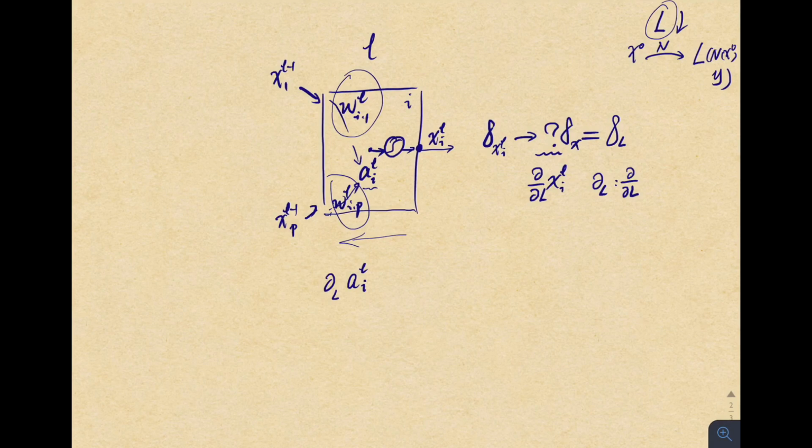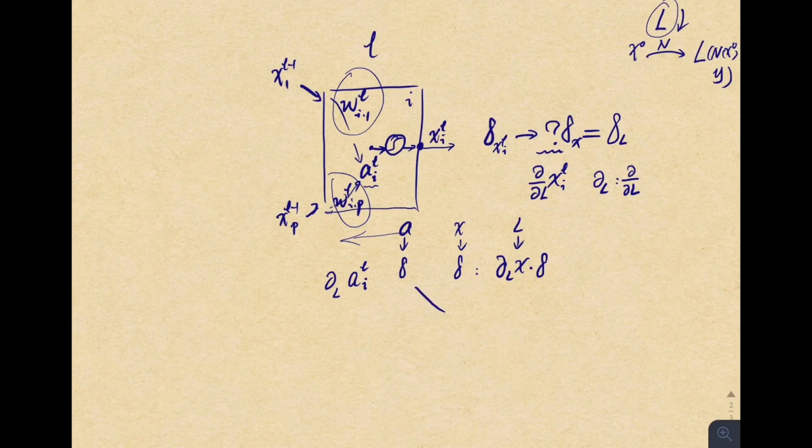Look, if we change x by delta, L will change by this amount. So what if we change A by delta? Now the change in x will be this, and the change in L will correspondingly be multiplied by this factor.